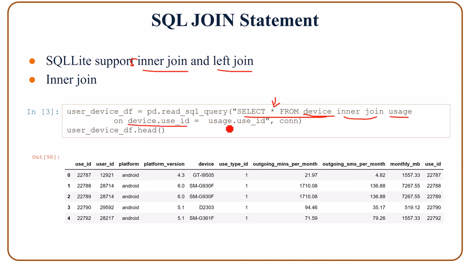This is the field that the tables have in common to link from one table to the other, which is user ID. Join on this user ID field using this condition, and this is what we have.